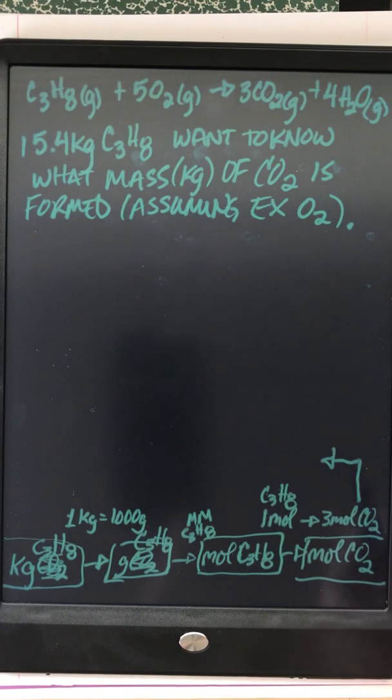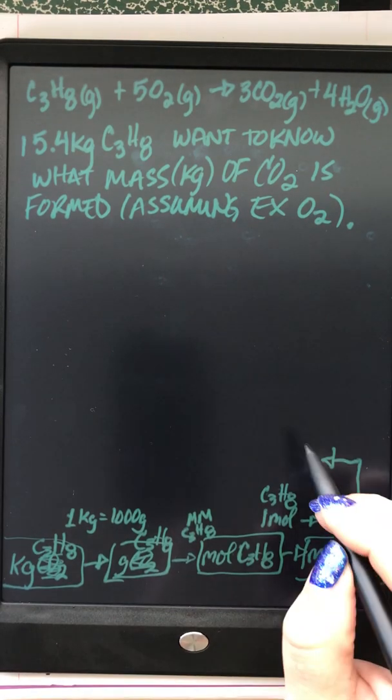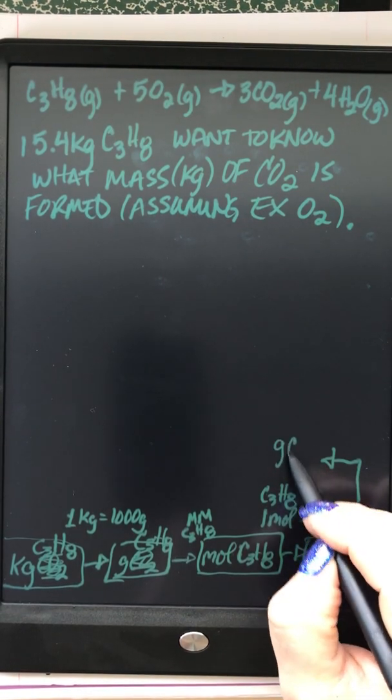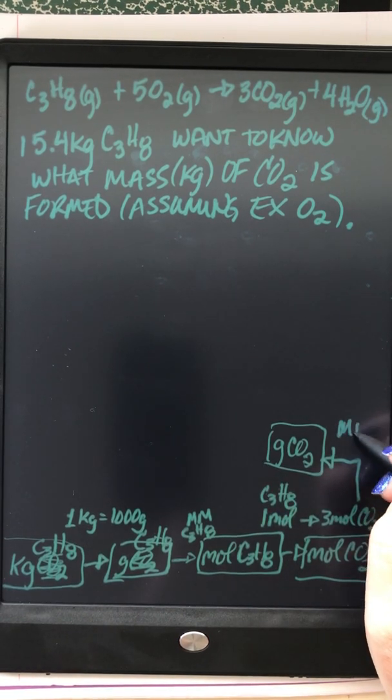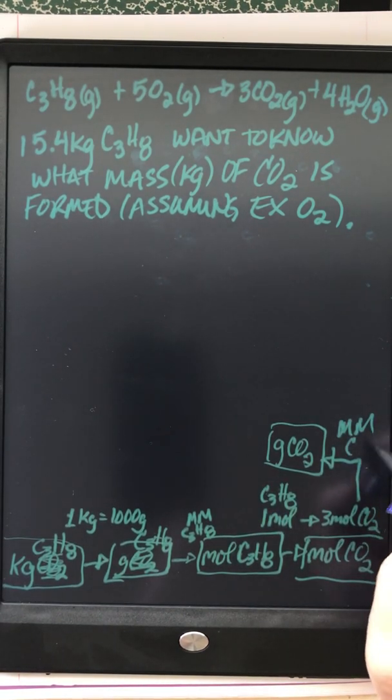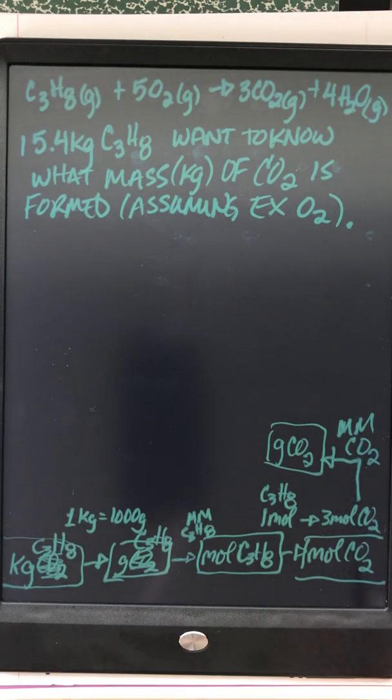And since I ran out of room, just do one of these. So from moles of carbon dioxide, what's the next step? Finding the molar mass of carbon dioxide. Right, so we can get to grams of carbon dioxide, exactly. Yes, both of you got it. So grams of carbon dioxide is where we're trying to go, and to get there, we need the molar mass of CO2, right?